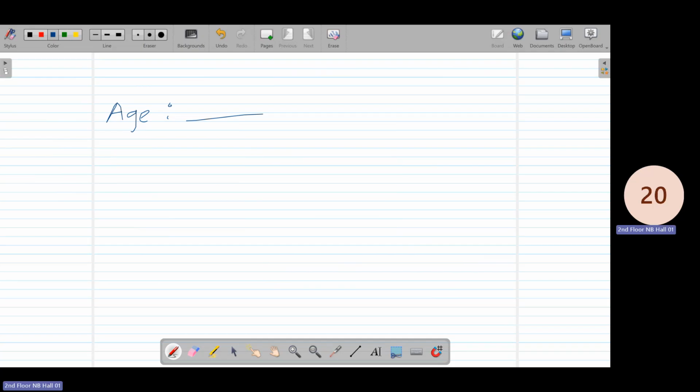Nominal or ordinal, interval or ratio. Age, ratio. Why?